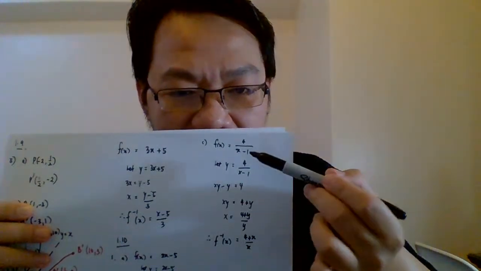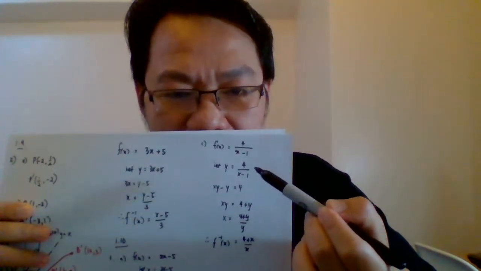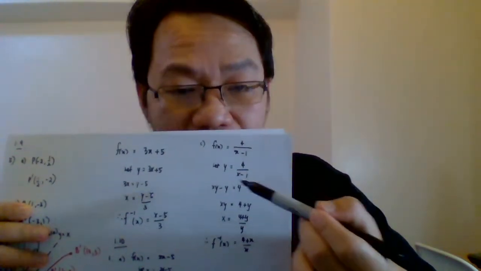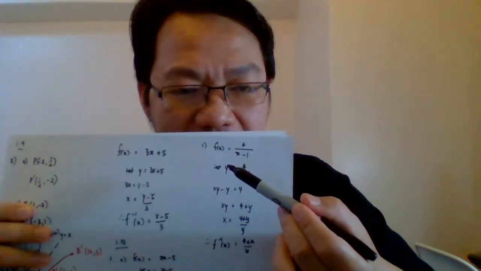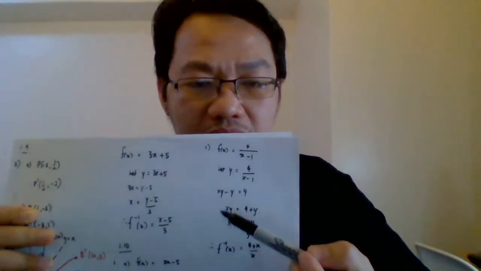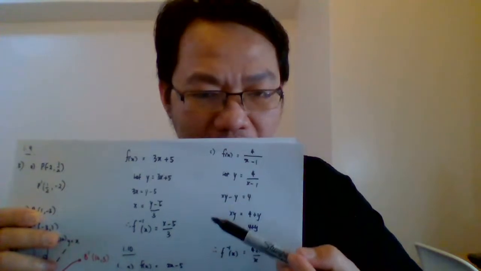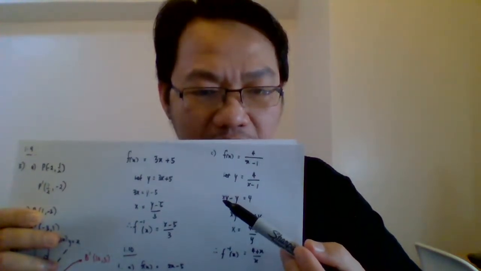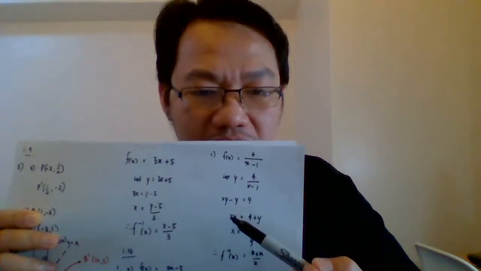So, let me repeat again. This is our soalan. We must let y. Then look at the equation itself. It is a fraction here. So the over x minus 1, we need to bring to the left side so that it becomes expansion. So it becomes this one. Then we need to regroup all the x on one side. There is only one element here that has x, that means xy.